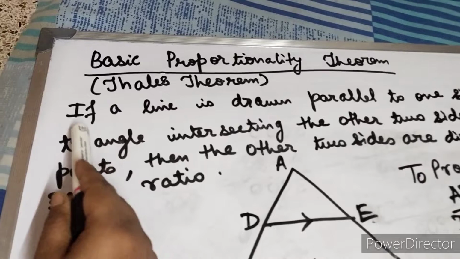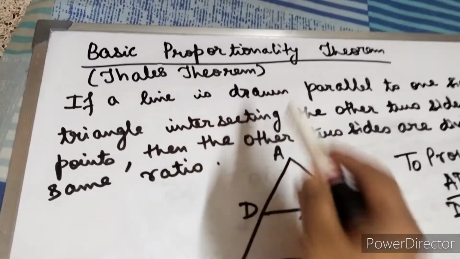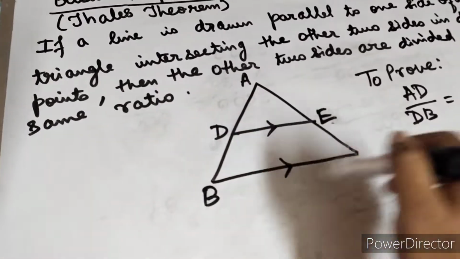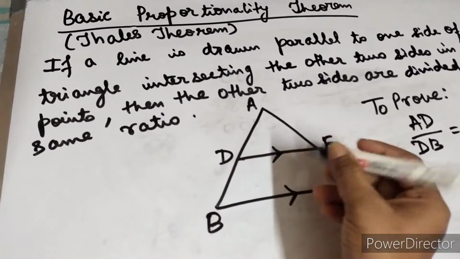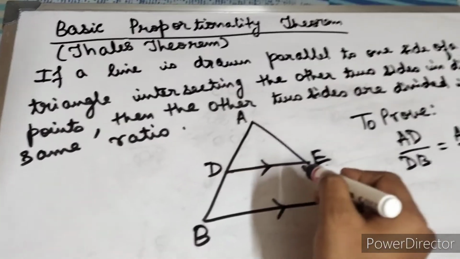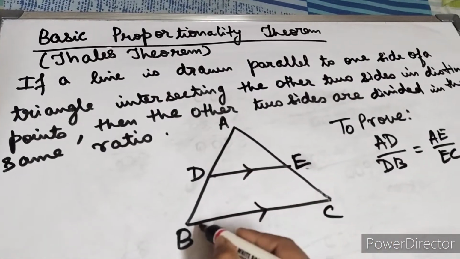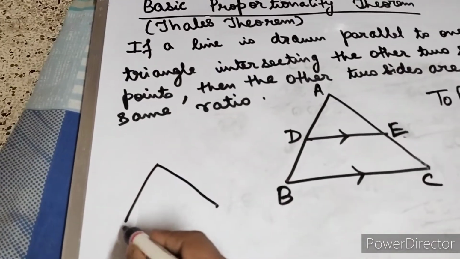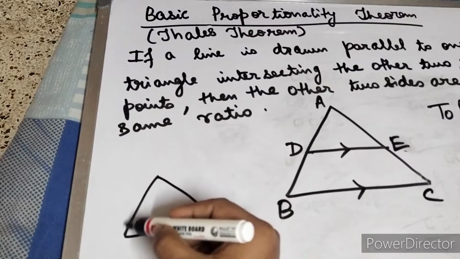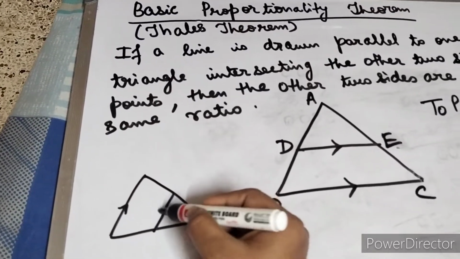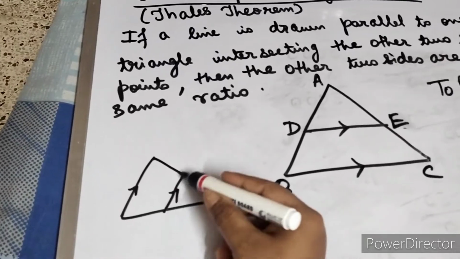It is telling that if a line is drawn parallel to one side of a triangle, see, in a triangle, this is the triangle. If a line is drawn parallel to one side, this is one side, we can also draw it like this. Suppose this side we want to make parallel, then this is the line.